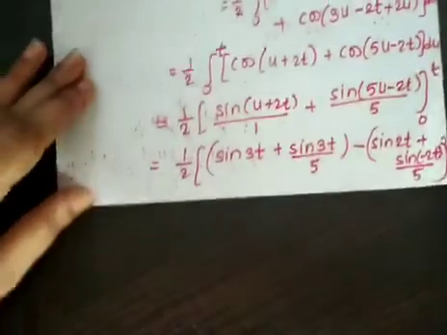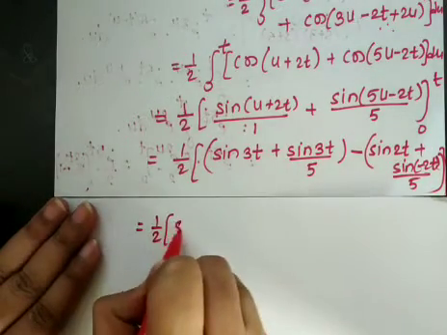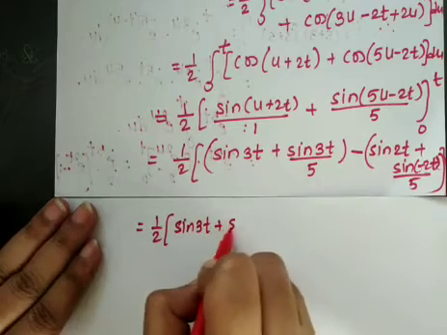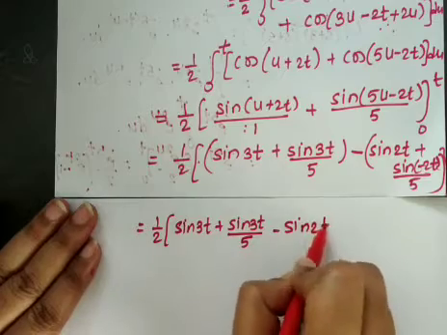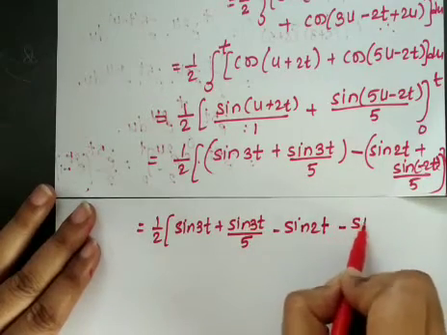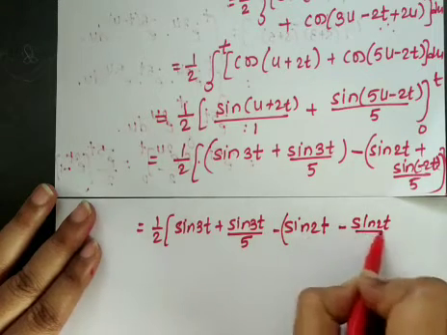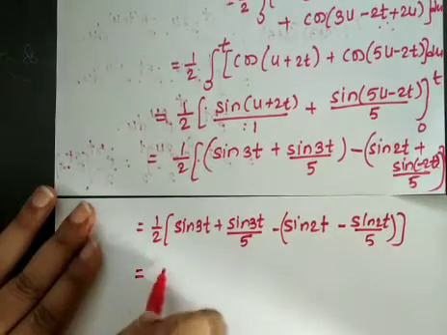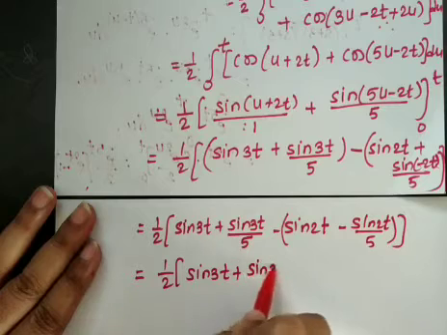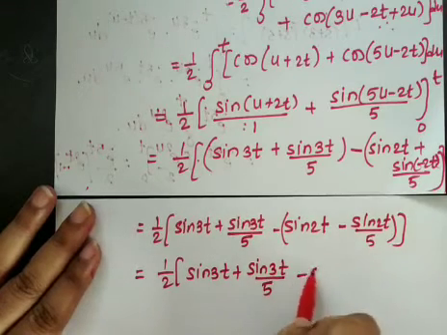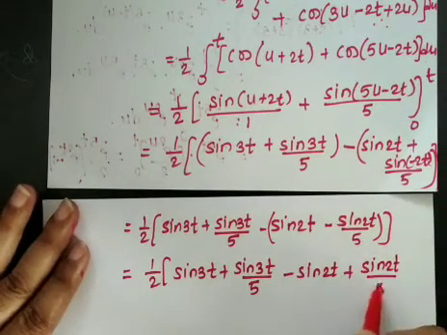That is equal to 1/2 into sin 3t plus sin 3t by 5 minus sin 2t, since sin of minus theta is minus sin theta, minus sin 2t by 5.